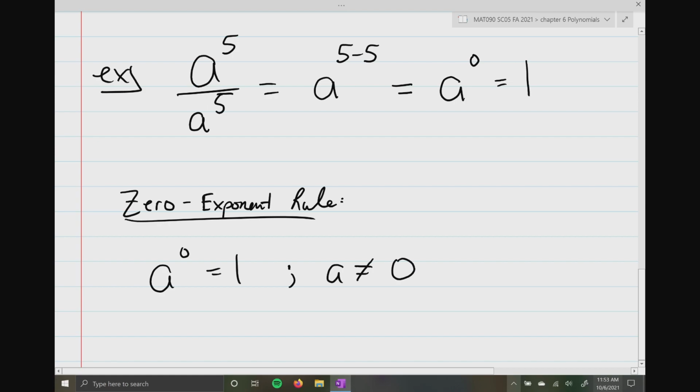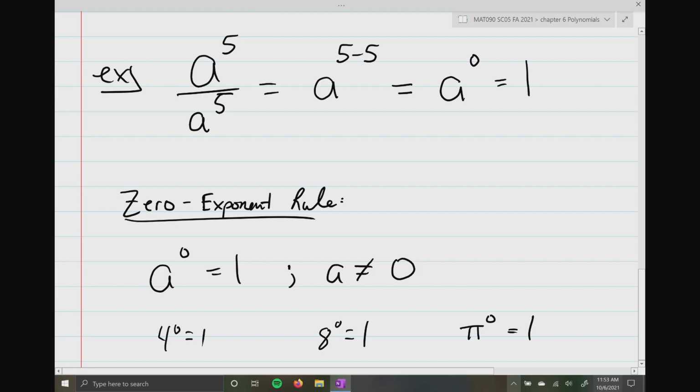Any number raised to the 0 power equals 1, except 0 to the 0 power. 0 to the 0 power is undefined. It's one of those weird ones. So 4 to the 0 equals 1. 8 to the 0 equals 1. Even pi to the 0 power equals 1.